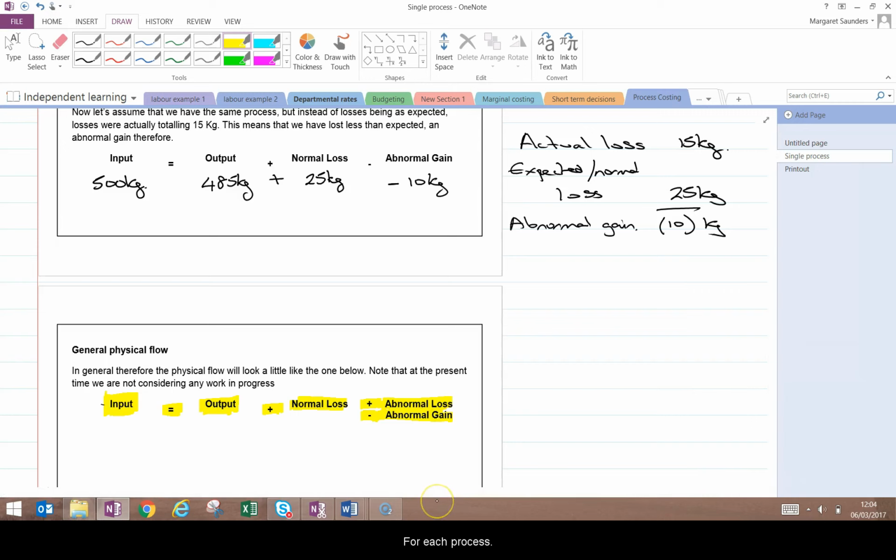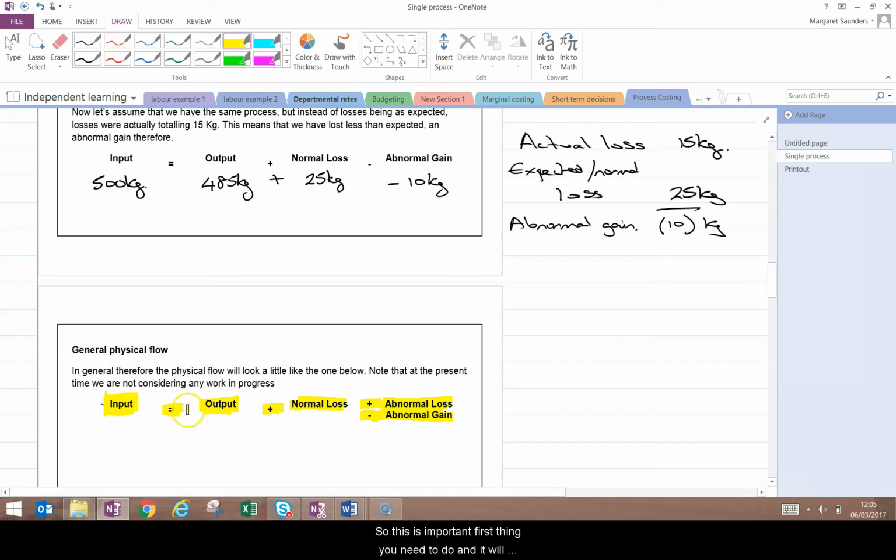For each process there could be either a loss, an abnormal loss, or an abnormal gain. You should not have an abnormal loss and an abnormal gain in the same physical flow.